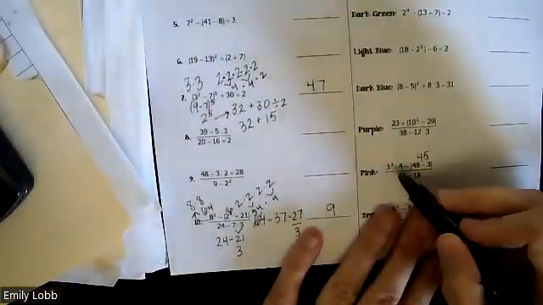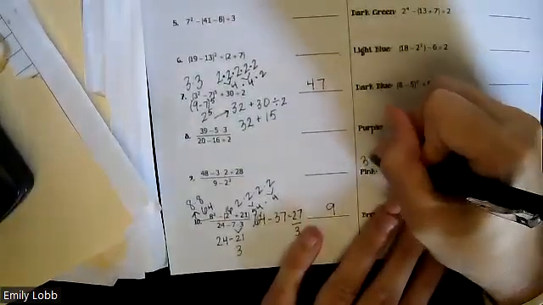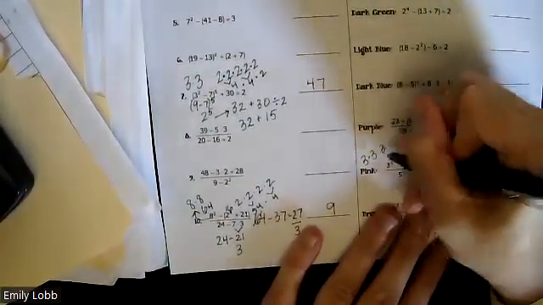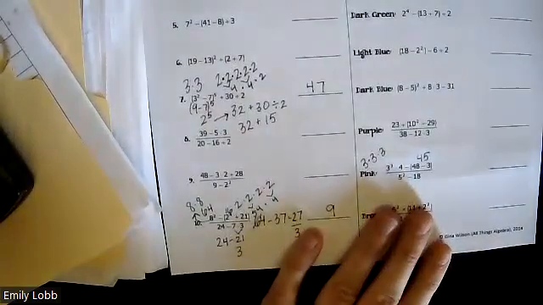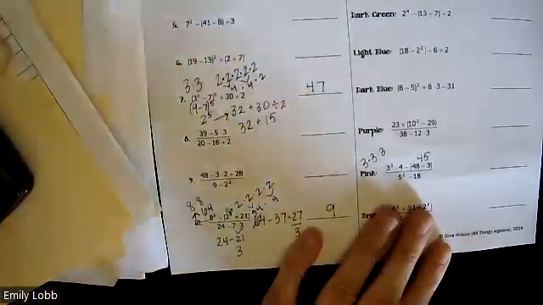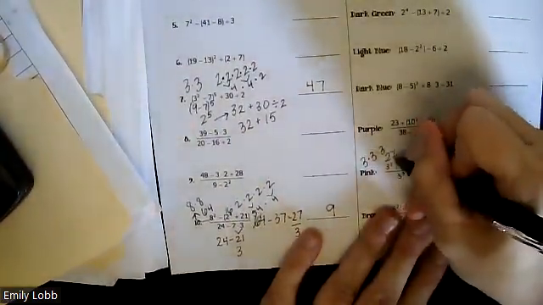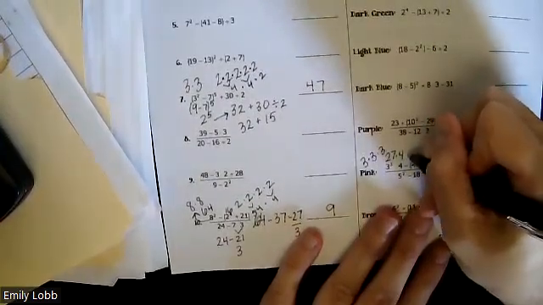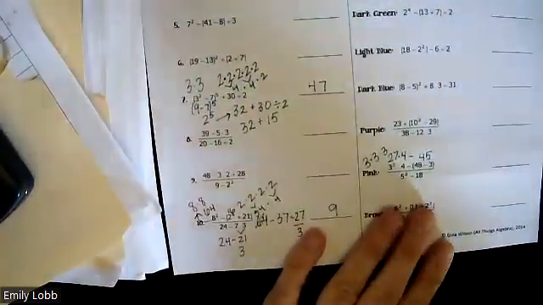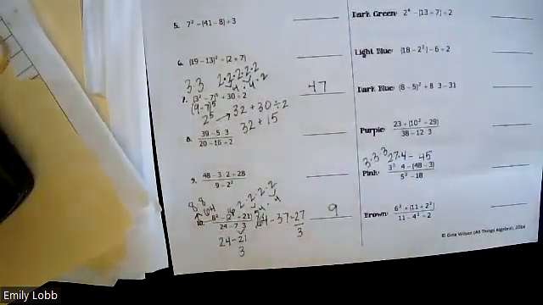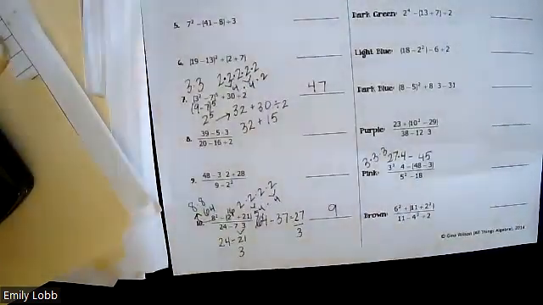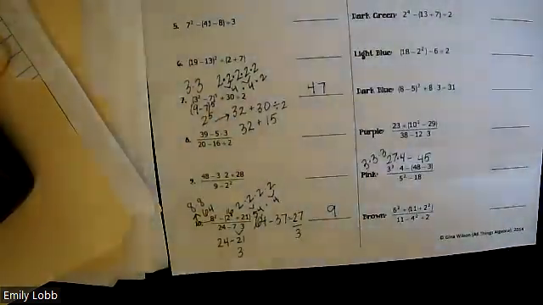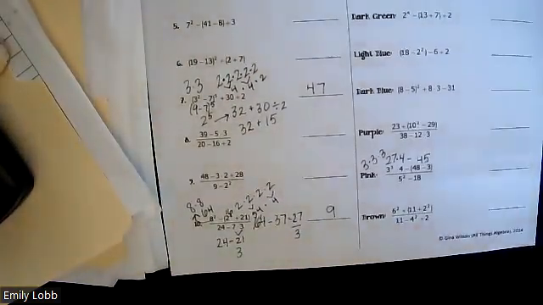Now I've got to figure out my exponent. What's 3 times 3 times 3? No. It's actually 27. 27 times 4 minus 45. Well, what's 27 times 4? Well, we know 25 times 4 is 100, right?